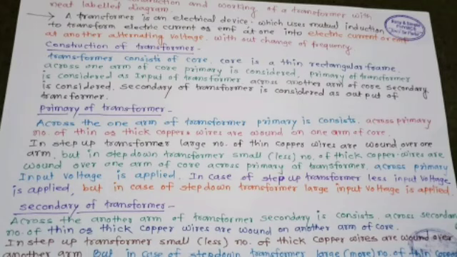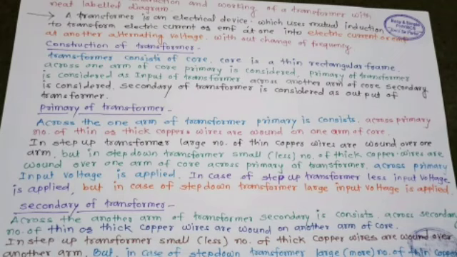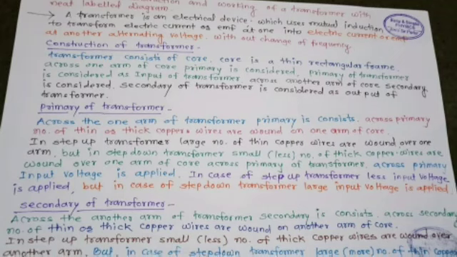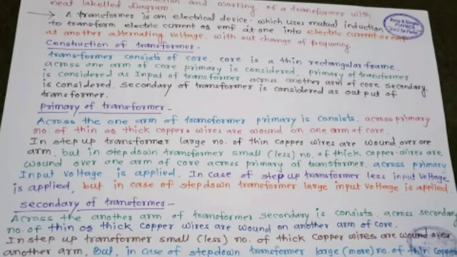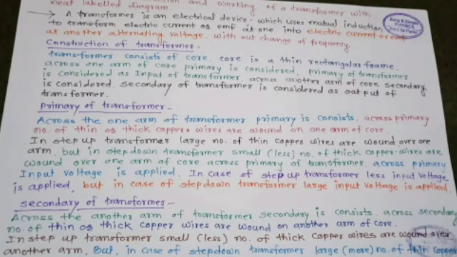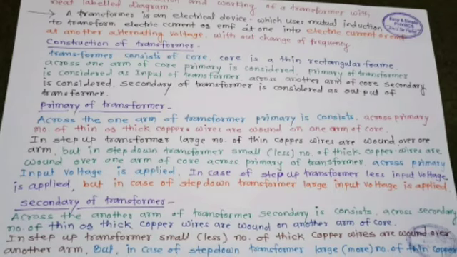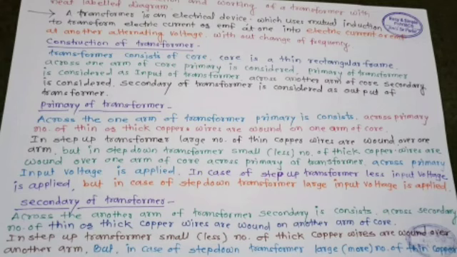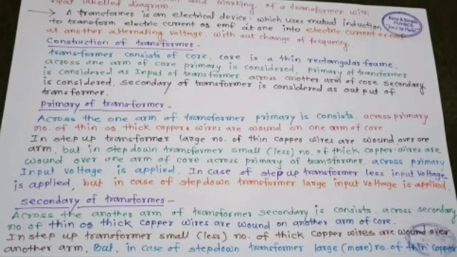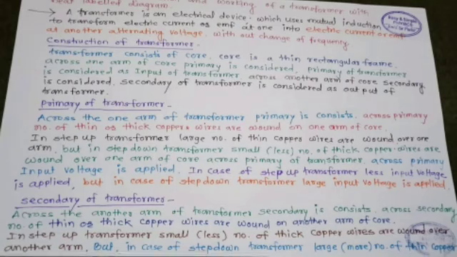So first we want to see the primary of the transformer. Across one arm of the transformer, the primary consists. Across the primary, a number of thin or thick copper wires are wound on one arm of the core. In a step-up transformer, a large number of thin copper wires are wound over one arm.